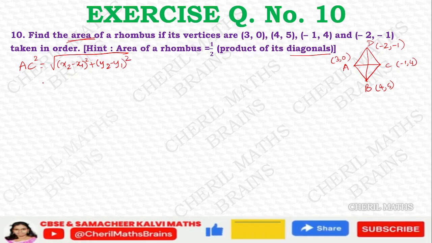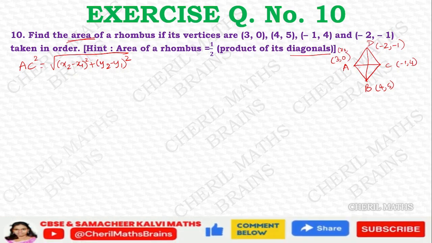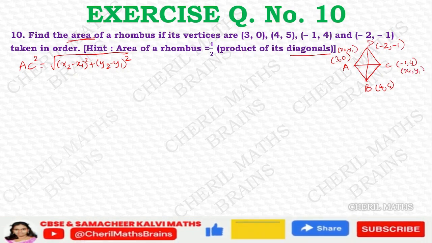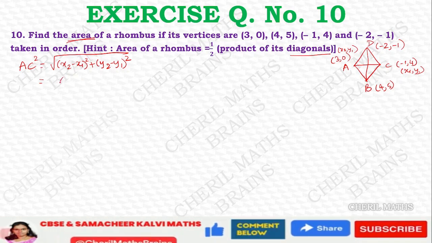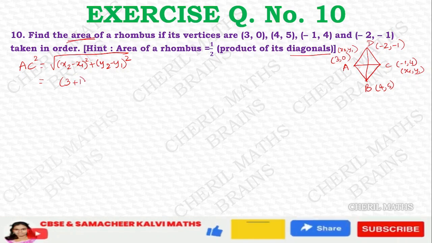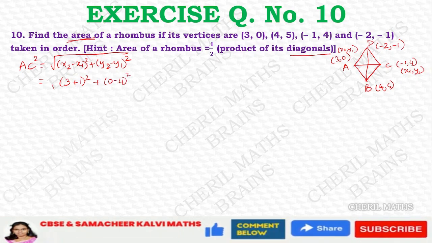So here for AC, I am going to take this as x2, y2 and this as x1, y1. So x2 is what? 3. So it will be 3 minus x1, which will be minus of minus 1. So it will be (3 plus 1) the whole square plus (0 minus 4) the whole square.